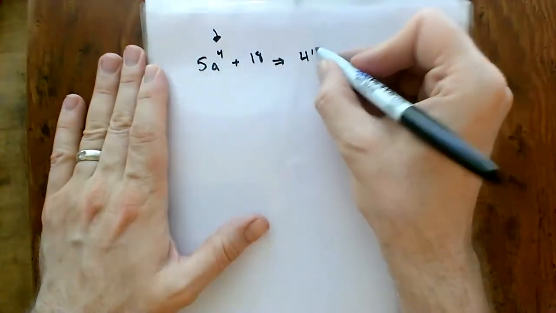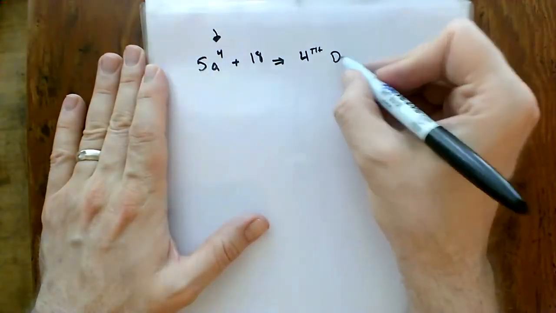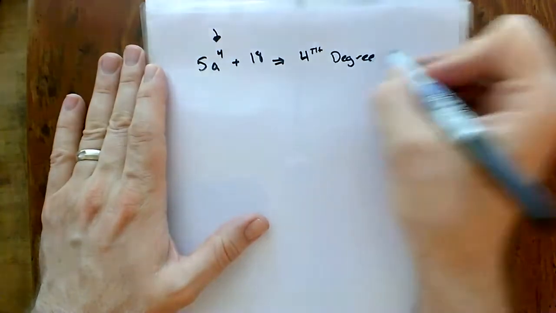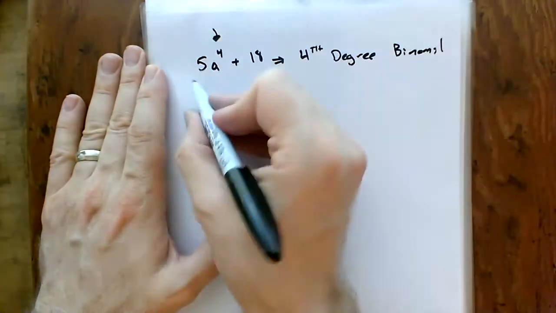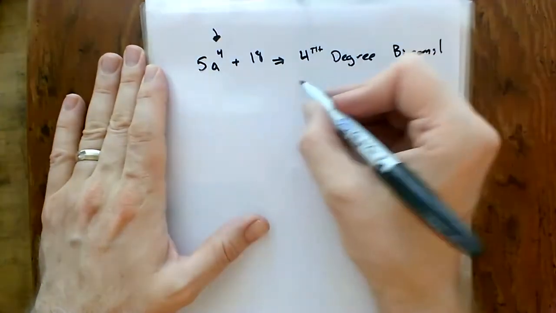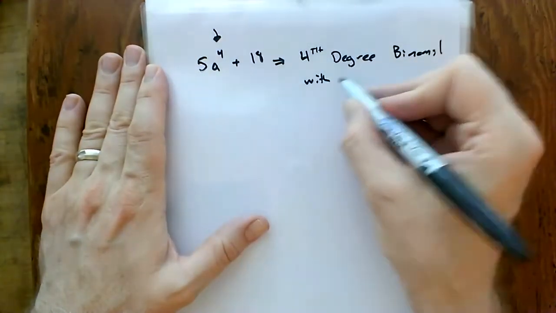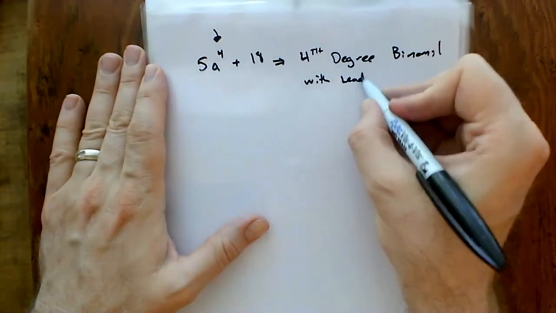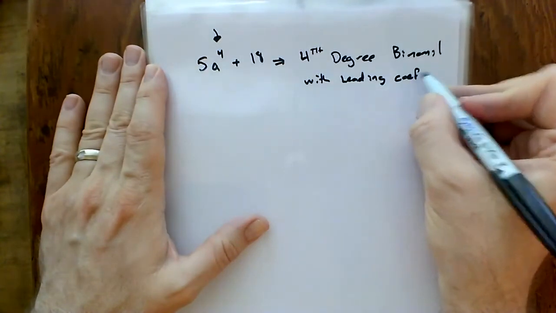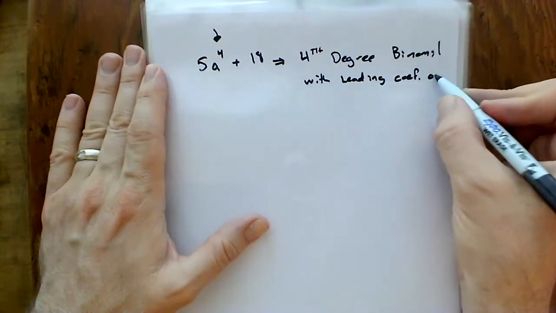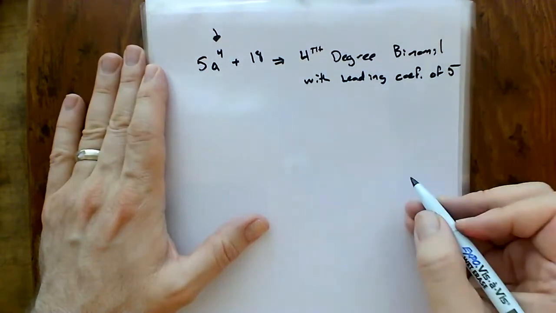So this is a 4th degree binomial. That's a binomial because we got two terms here, with a leading coefficient of 5.